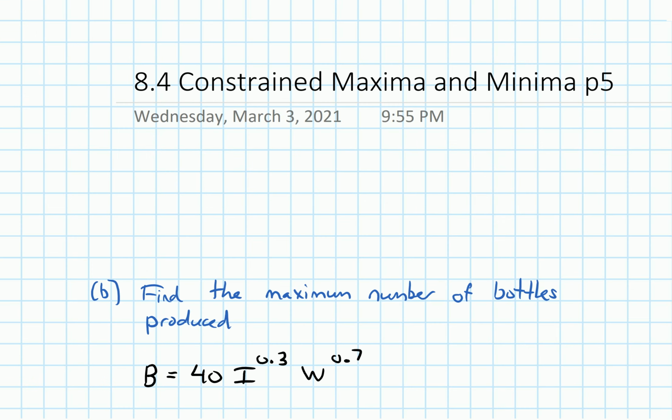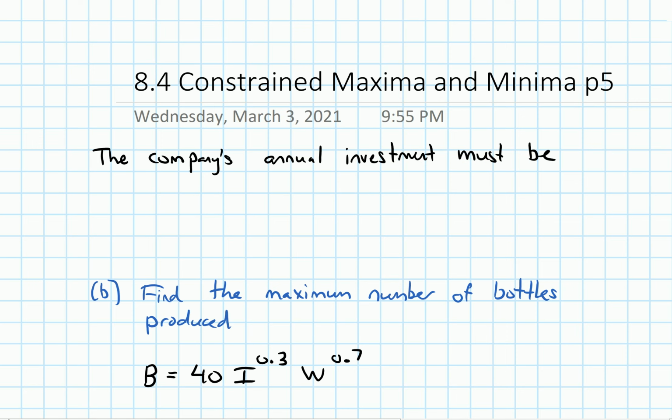So now we just need to write down our conclusion, which is the company's annual investment. We wanted to know the annual investment and the total work hours that would maximize production. So the annual investment must be, let's see, it was 60, the value that we got.